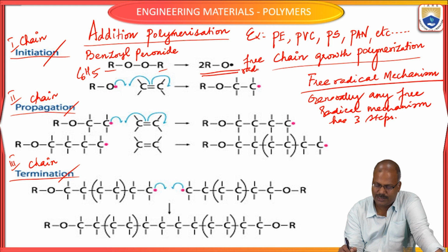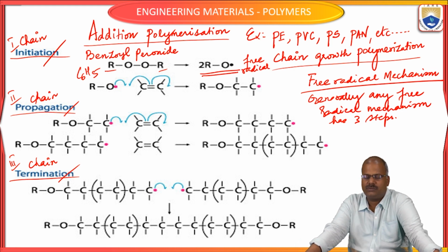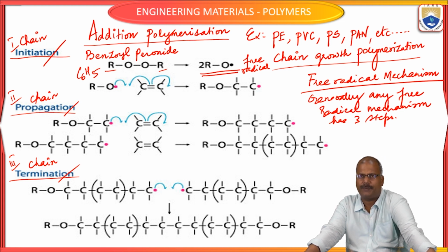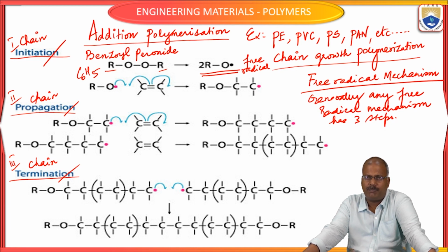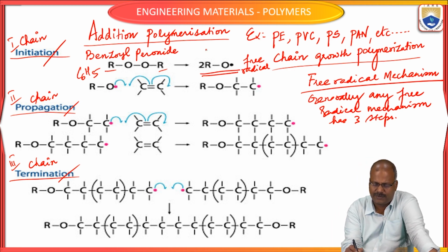A free radical has an unpaired, odd electron, and normally they are highly reactive. As long as the free radical is there in the reaction mixture, the reaction will keep propagating and the chain will keep growing. So this is a free radical.